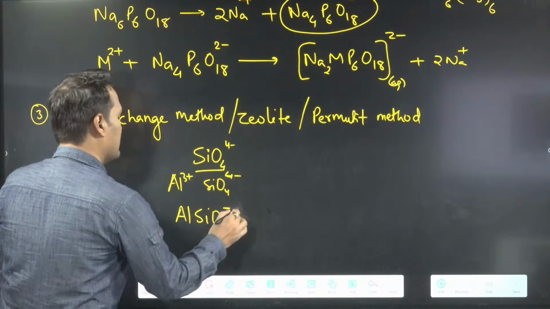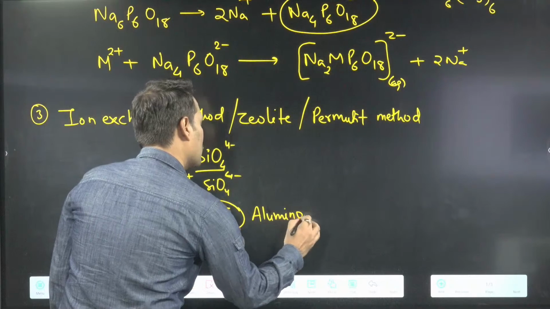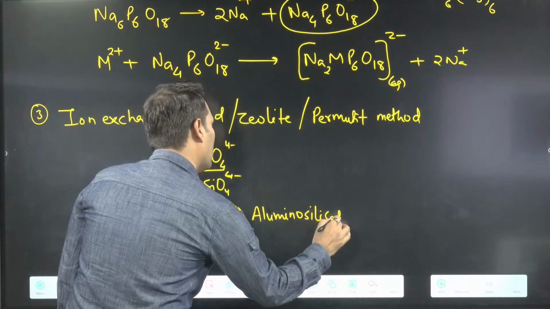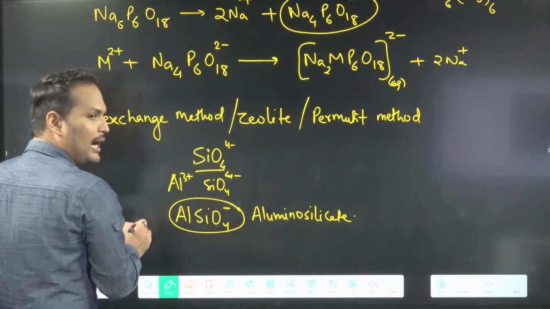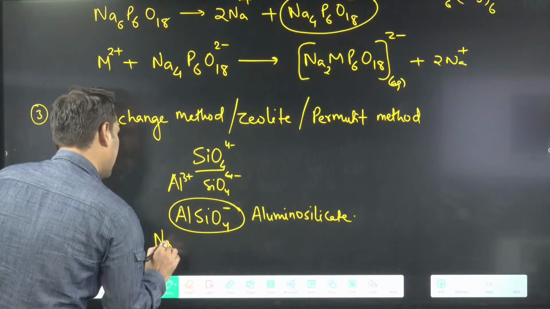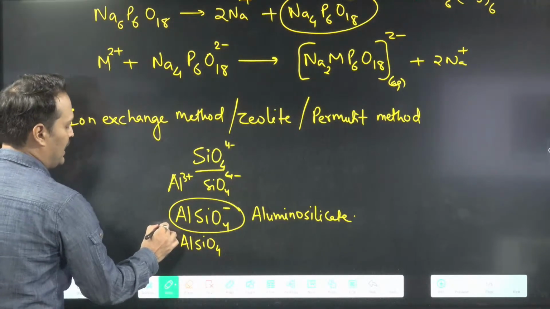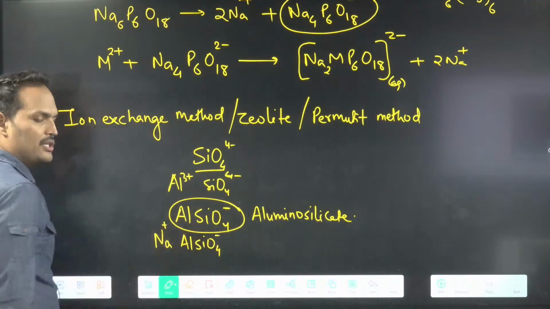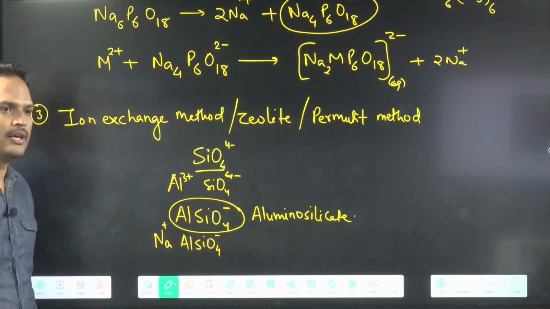AlSiO4 minus. This is known as aluminosilicate. Clear? Having 1 negative charge. See it nicely. Now 1 negative charge is there. I will neutralize it by sodium or potassium. So we have Na plus and AlSiO4 minus. So plus and minus are neutralized. This is known as sodium aluminosilicate.